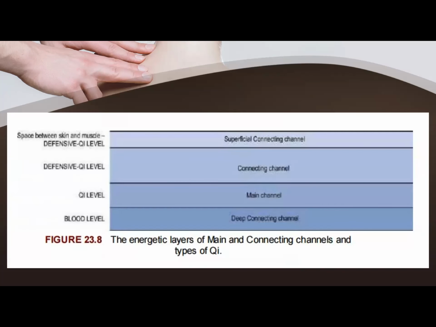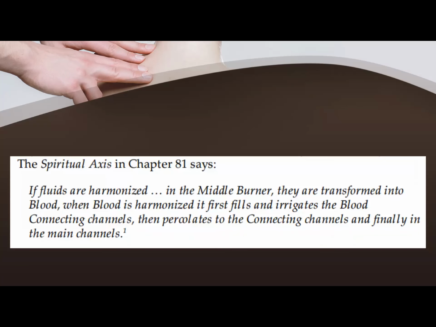So these are the energetic layers of the main and connecting channels and the types of qi. So the space between the skin and muscle is the defensive qi level. We have the superficial connecting channel. Then the connecting channel is on the defensive qi level. For the qi level is the main channel. Now, the blood level is the deep connecting channel.